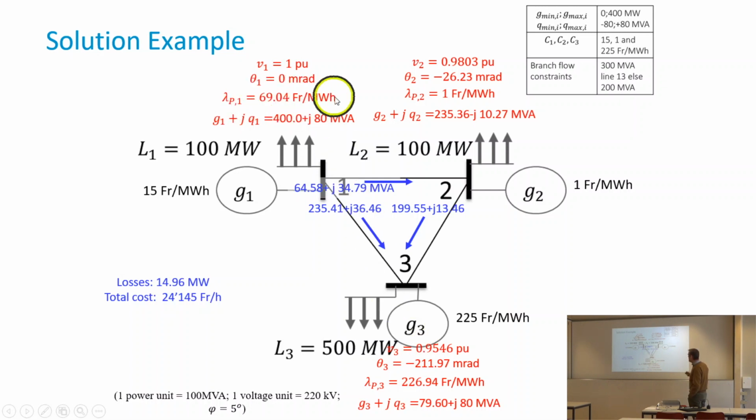We see also something that is called here the marginal cost. What is usually called marginal cost? This is here the marginal cost of consumption at this bus. It is the price to pay if we want to here consume one more unit of power.